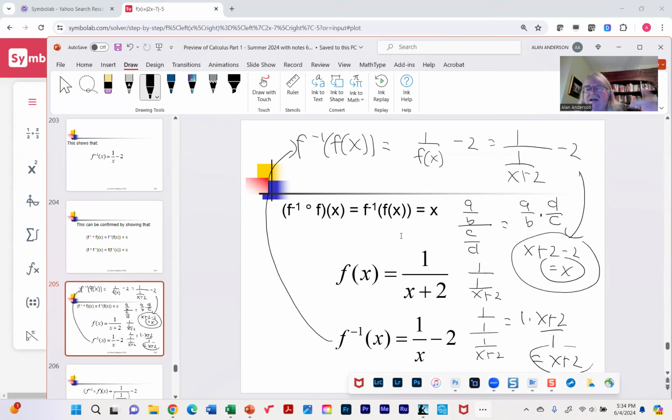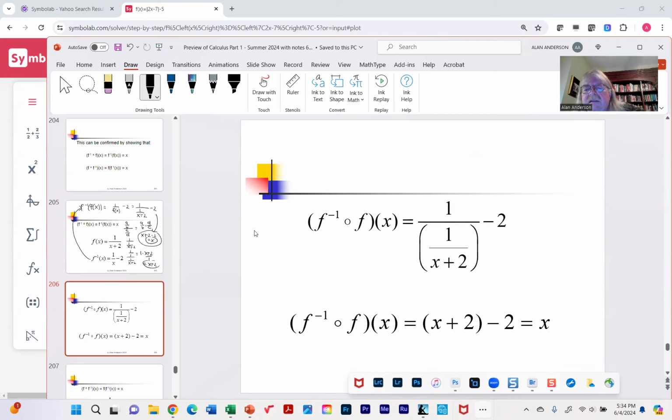And now we have to work this backwards. We need f of f inverse of x to be equal to x too. Just a quick reminder, f of x is 1 over x plus 2. F inverse of x we showed is 1 over x minus 2.